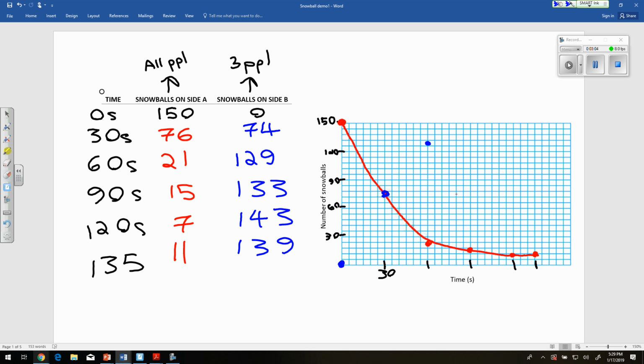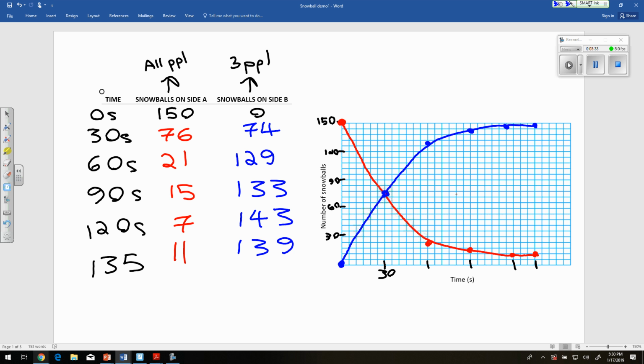At 90 seconds, they had 143, so even further up. And then they had 143, which is very close to 150, and then that last one. So the side B snowballs looked kind of like this.